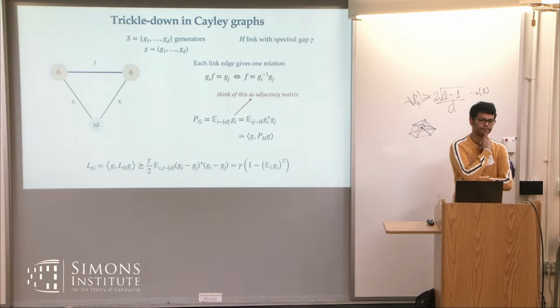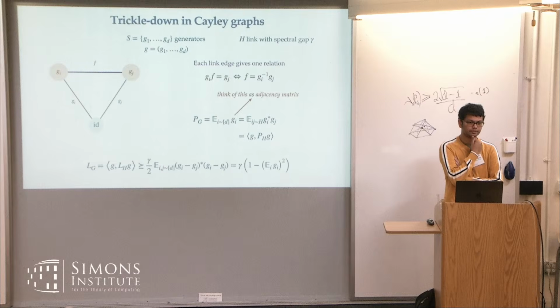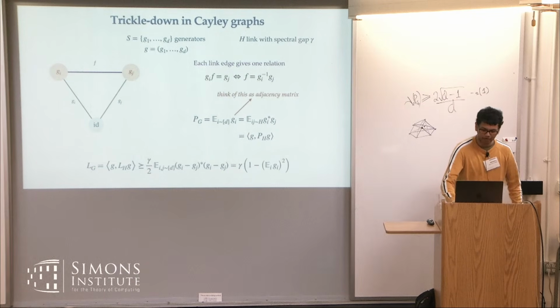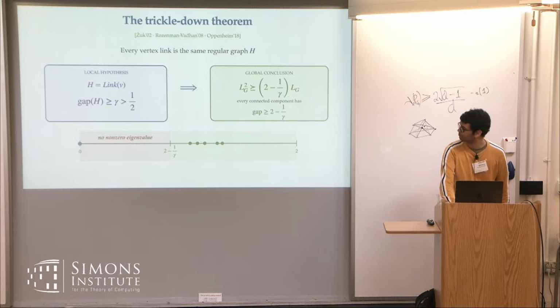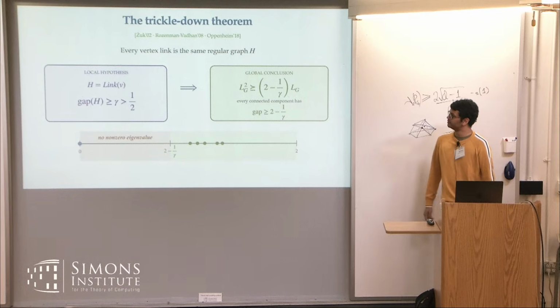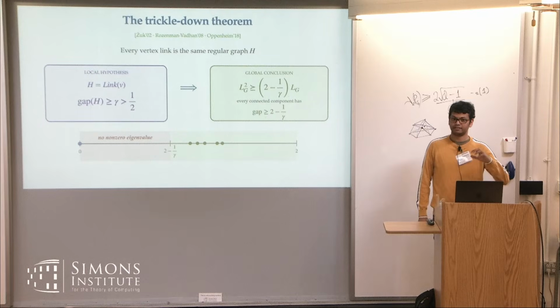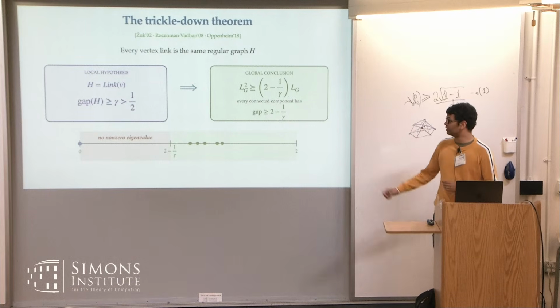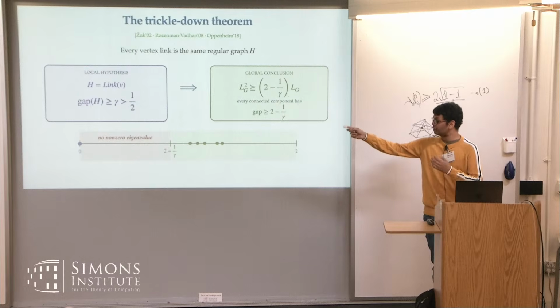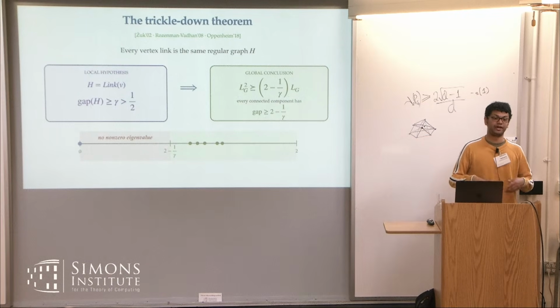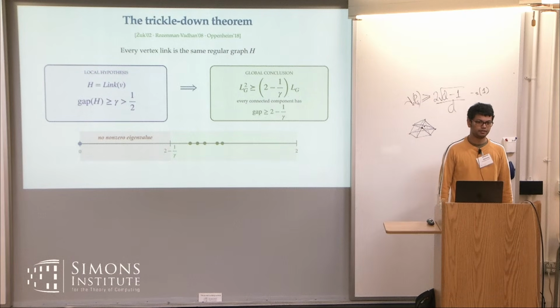What are the assumptions that we need to make on the graph in order for the trickle-down theorem to hold? Let's go back to this slide. You have a graph, and every link you're assuming is not only connected, but is also pretty well expanding. That is, it has spectral gap larger than half. Okay, we didn't need any other assumptions, whether it's the same?